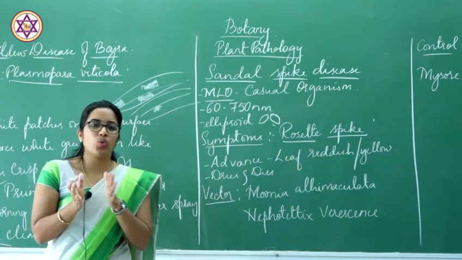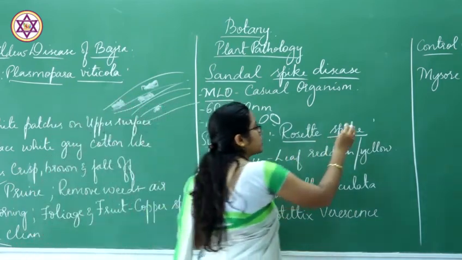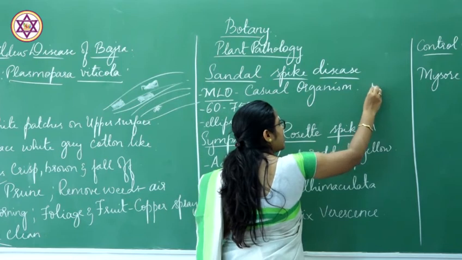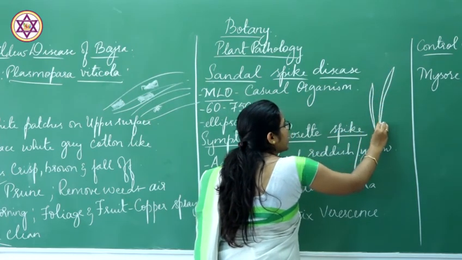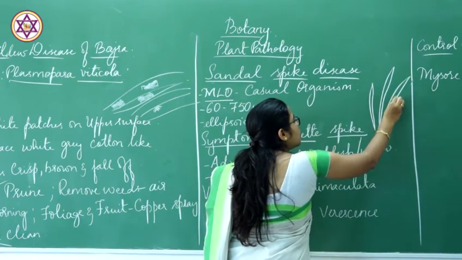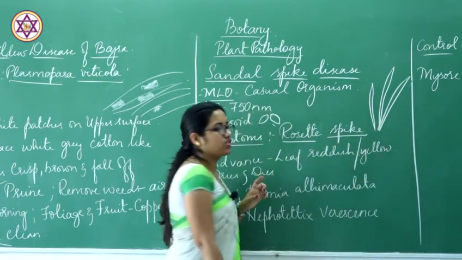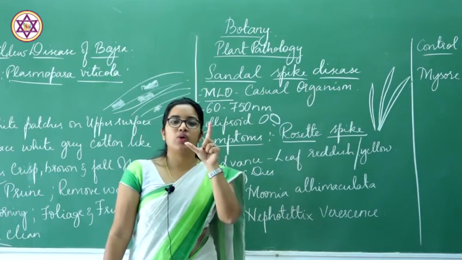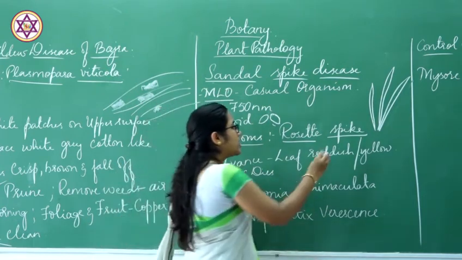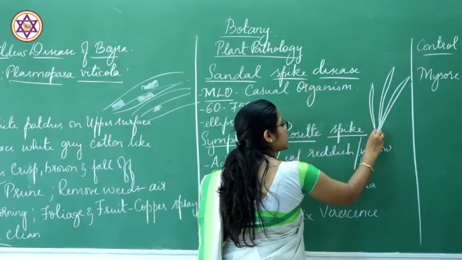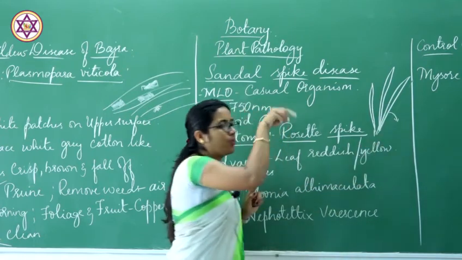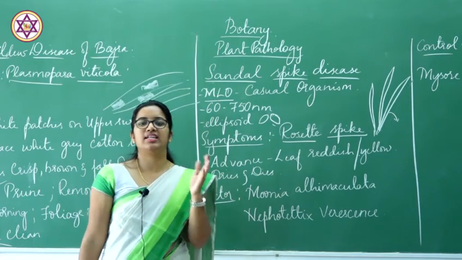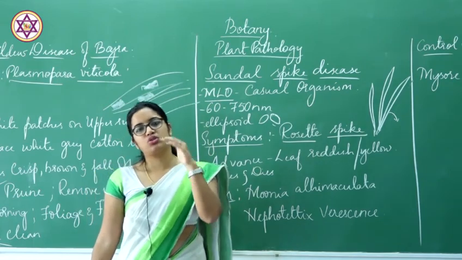So narrowing of the leaf occurs, the leaf becomes narrow, spike-like, and the internode is also reduced. The internodal region becomes smaller and then the plant shows a drooping nature. The entire plant starts to droop down.